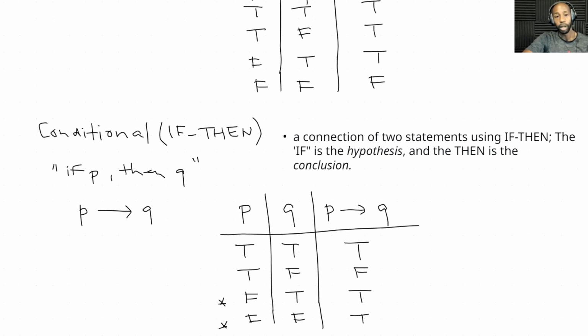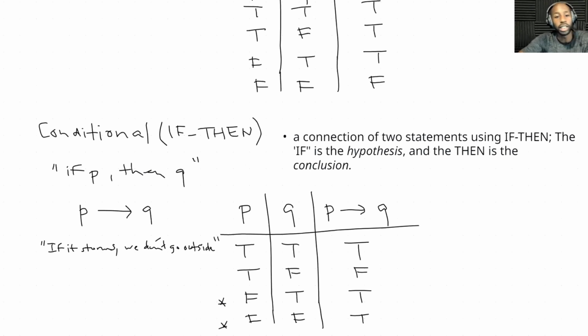All right. So let me give a practical example for this one because this can be a little trickier than the other two. So let's say you have: if it storms, we don't go outside.